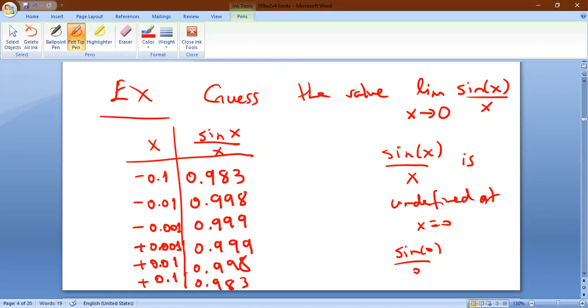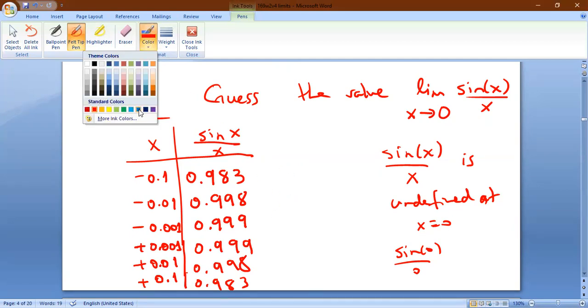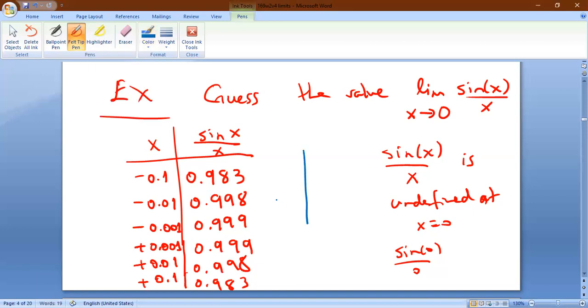And then when you look at the values here, you are going to see values like this. So what's happening here? It's undefined at 0, but when you are approaching 0, the values are almost rounding to 1. The calculators can round this number 0.999 to 1. And actually, when you use a calculator to sketch the graph of this function, you are going to see something like this.